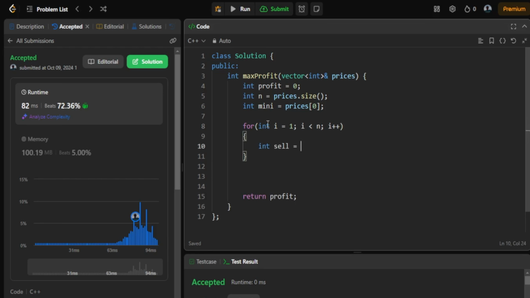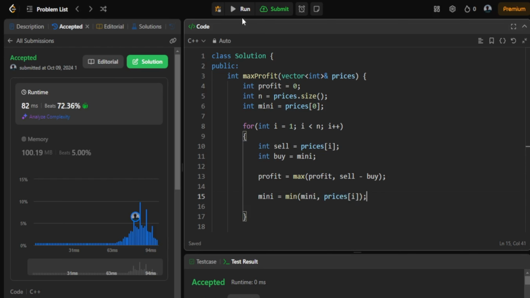Then int sell is equal to prices of i, and int buy is equal to mini. Then profit is equal to maximum of profit, comma, sell minus buy, and then we just need to update mini equal to minimum of mini, comma, prices of i. I hope this is correct. Let's run this.